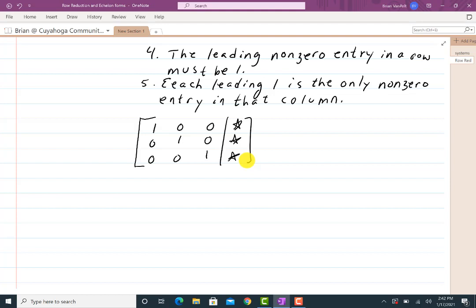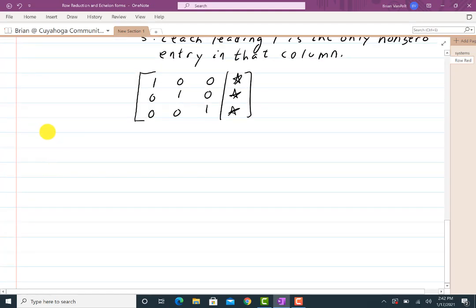Let me draw a couple that are not exactly like what I just had there. Might look something like this. That certainly would satisfy our reduced echelon form.